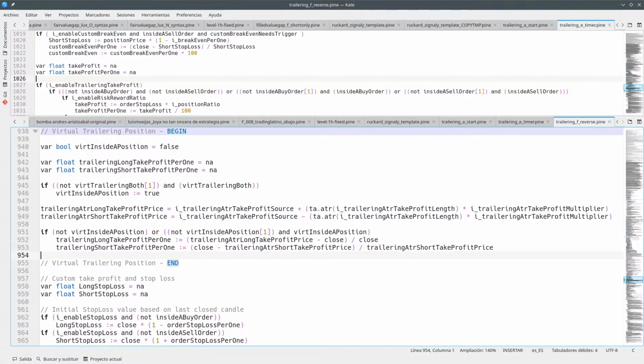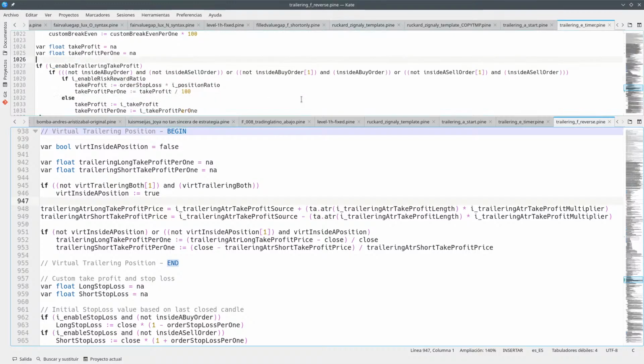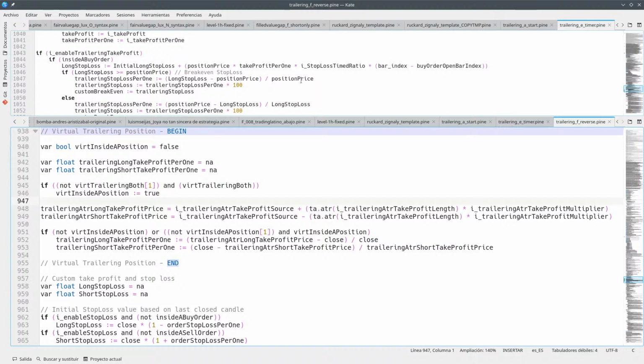But now we are going to check, I mean, not check this, but we also need, so if we are inside, let me see, if we were not in a position and now we are in a position which is our position price. So here we use this position price in a lot of places, okay?